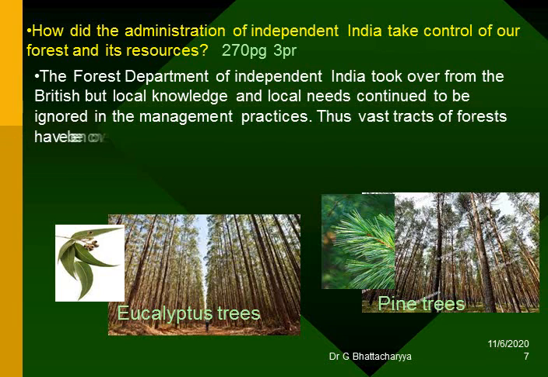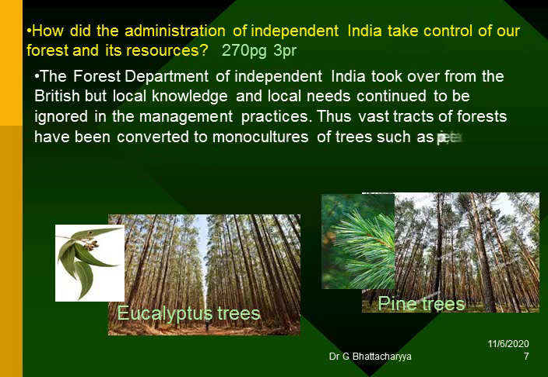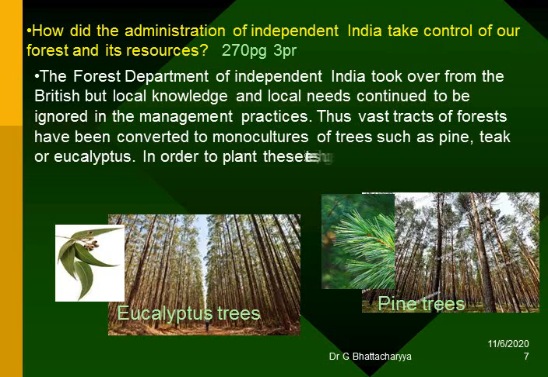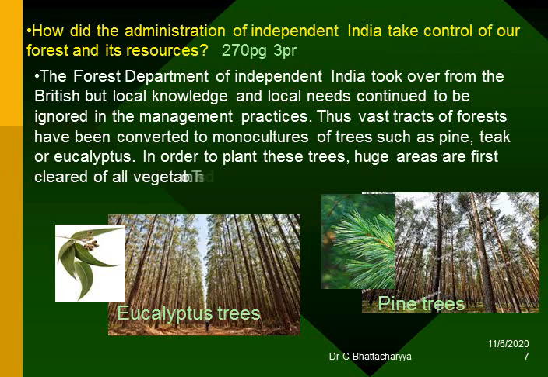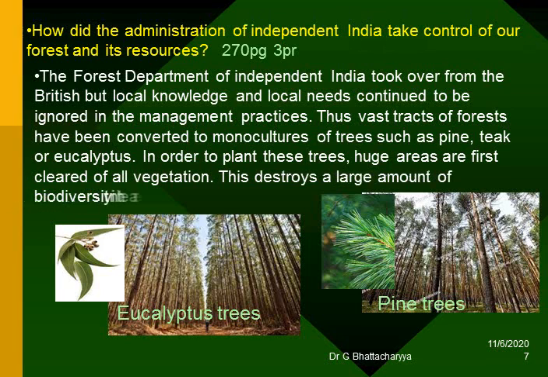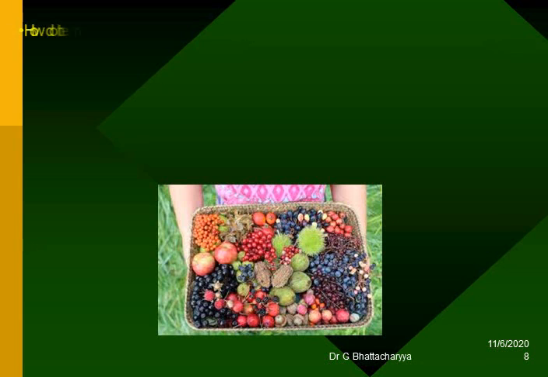Thus, vast tracts of forests have been converted to monocultures of trees such as pine, teak, or eucalyptus. In order to plant these trees, huge areas are first cleared of all vegetation. This destroys a large amount of biodiversity in the area.